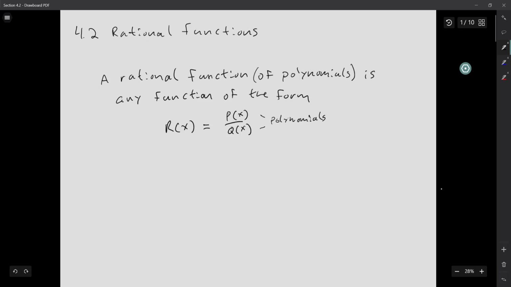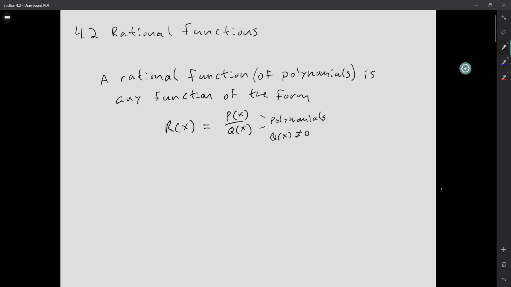And we have a little bit of a restriction because we can't divide by 0. That's bad. We also say that q of x is not equal to 0. Specifically, we're saying that it's not the 0 polynomial, but in general, we also don't want q of x to be equal to 0 because bad things happen when you divide by 0.